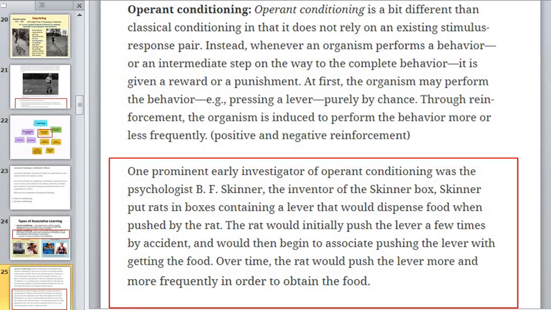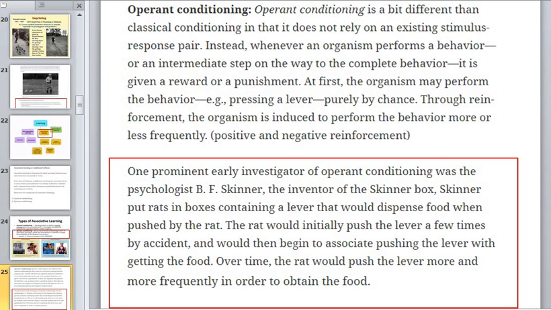operant conditioning is a bit different from classical conditioning in that it does not rely on an existing stimulus-response pair. Whenever an organism performs a behavior or an intermediate step on the way to the complete behavior, it's given a reward or punishment.